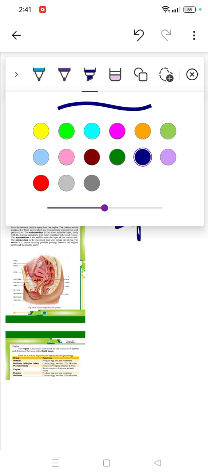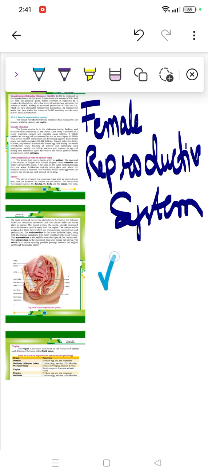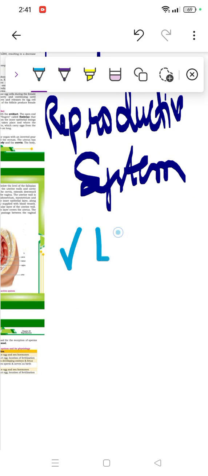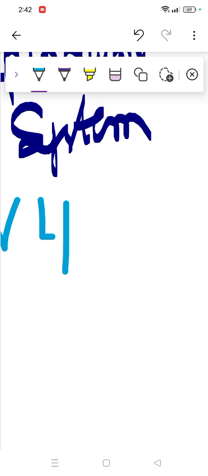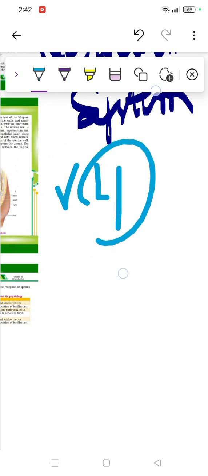If I start from the very basics, the female reproductive part is divided into 4 parts. The first one is the primary sex organ.